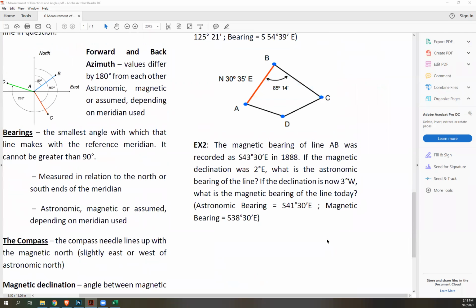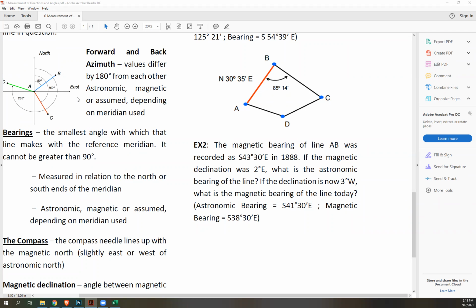Example 2. The magnetic bearing of line AB was recorded as south 43 degrees 30 minutes east in 1888. If the magnetic declination was 2 degrees east, what is the astronomic bearing of the line? If the declination is now 3 degrees west, what is the magnetic bearing of the line today?